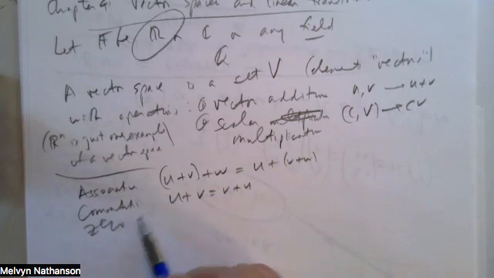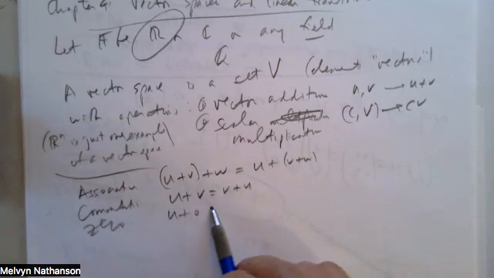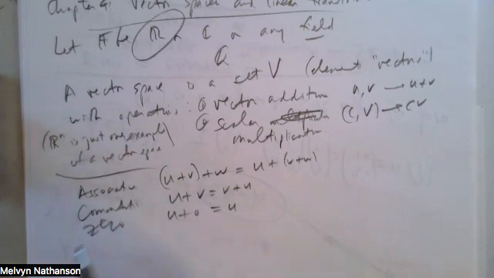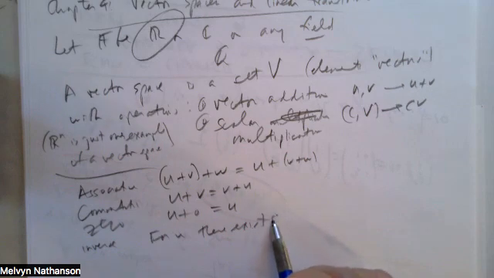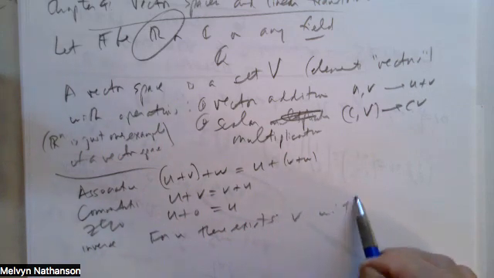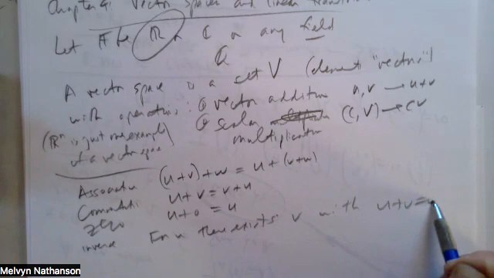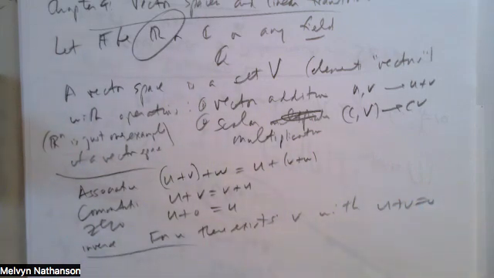There has to be a zero vector where u plus 0 is equal to u for all u. And there has to be an additive inverse. So for all u, there always exists a v with u plus v equals 0. So addition satisfies these properties.